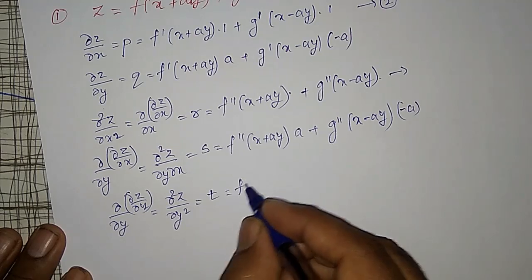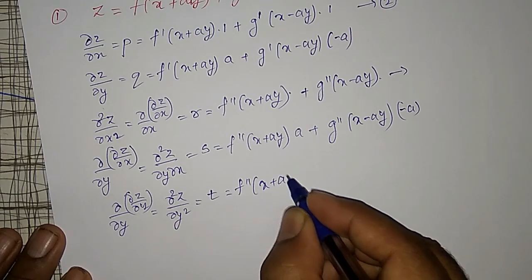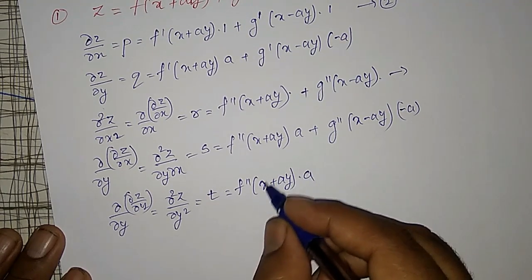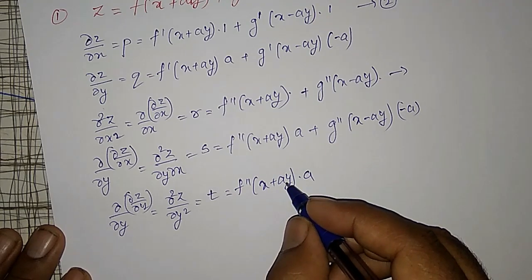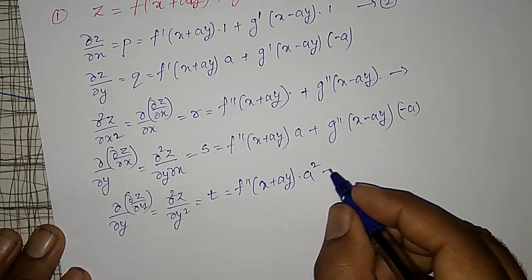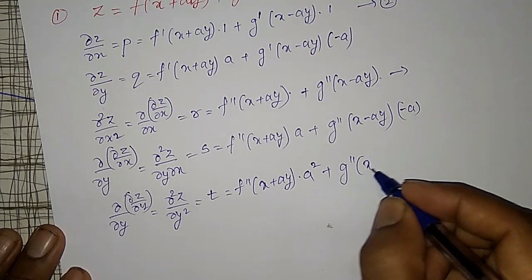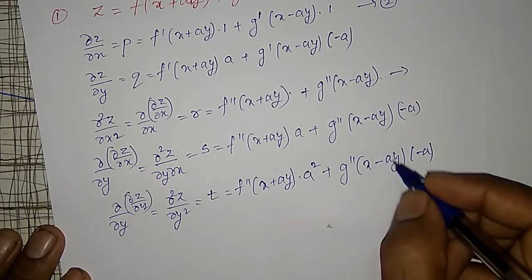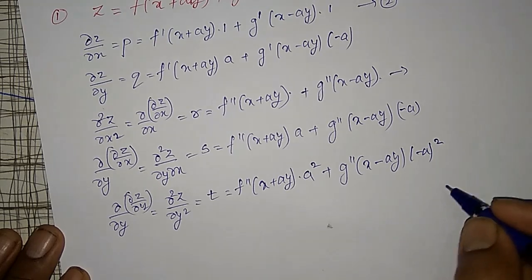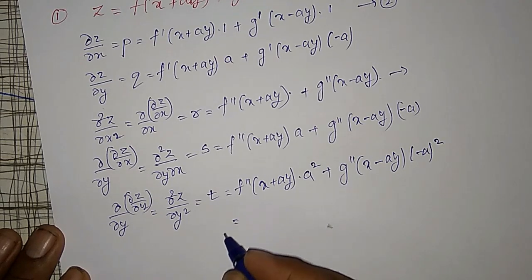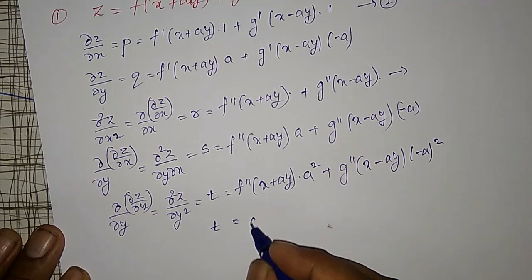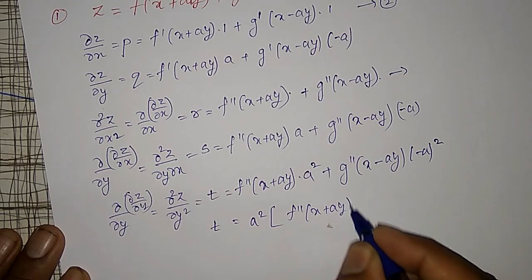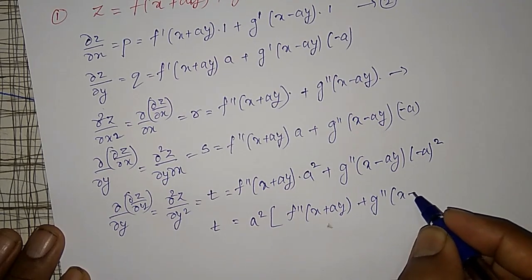F dash will become f double dash of x plus ay into a, into the differentiation of x plus ay with respect to y, which is a, so a square, plus g double dash of x minus ay, already minus a is there, into the partial differential of x minus ay, which is again minus a, therefore it is minus a square. For convenience, let me take a square common: a square into f double dash of x plus ay plus g double dash of x minus ay.